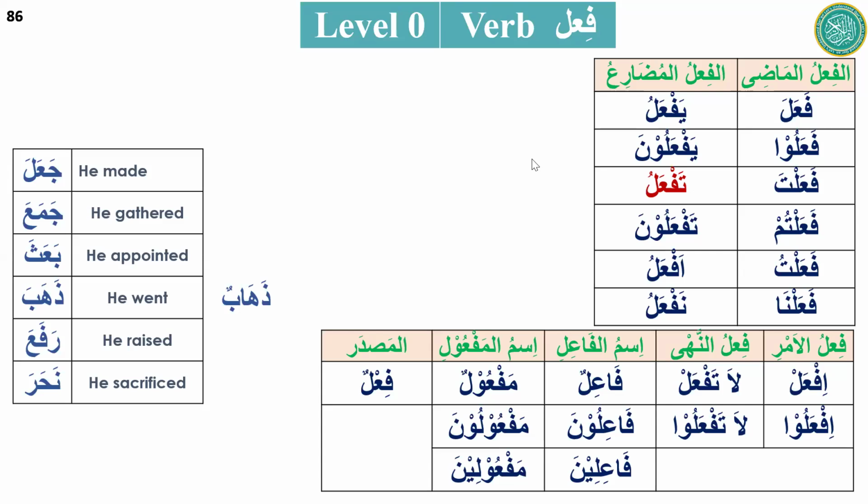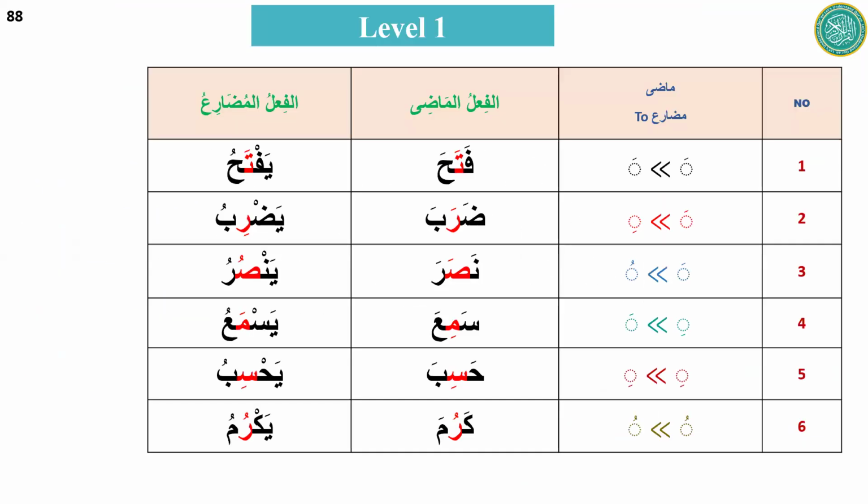In level 1, this is what we have to discuss. We will have 6 chapters for three letters verb. If you look at this, only look at the Madi, you will see here Fataha, Daraba, Nasara, Sami'a, Hasiba, Karuma.